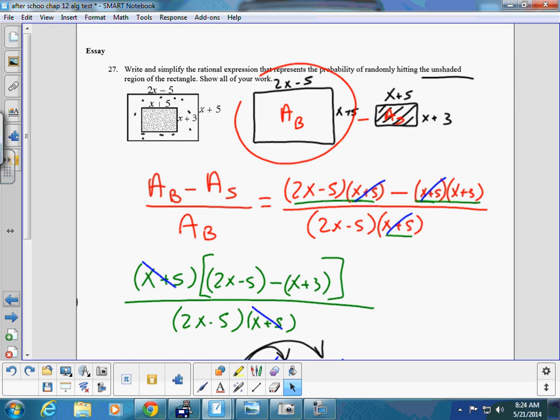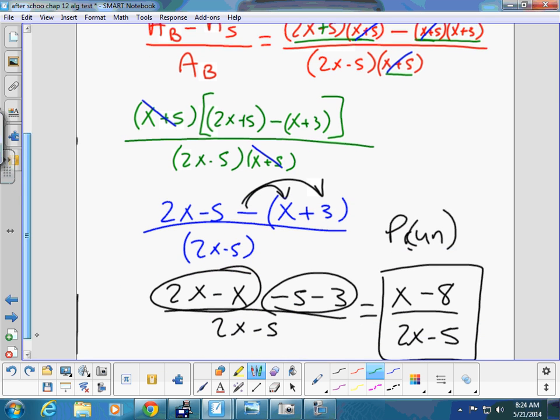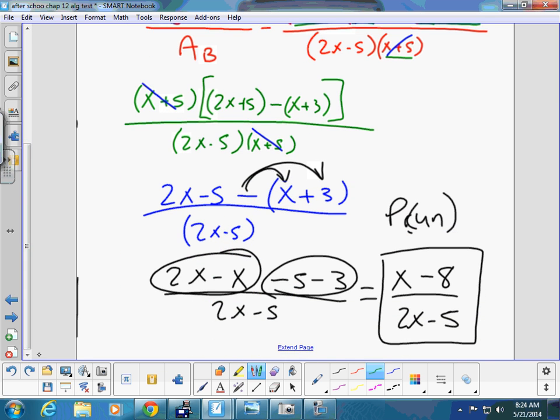It looks like I forgot to bring down. Oh, I see what I did. This should be a plus sign here. On the paper, it's a plus sign. Sorry about that. That should be a plus there. That's why it doesn't jive. But if it was a minus, it would be this answer.